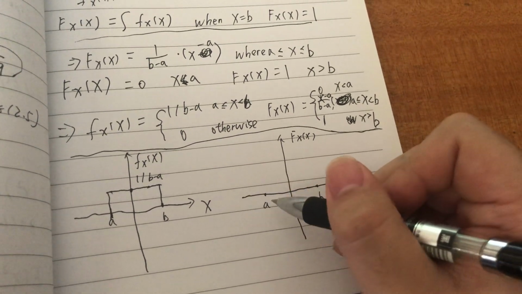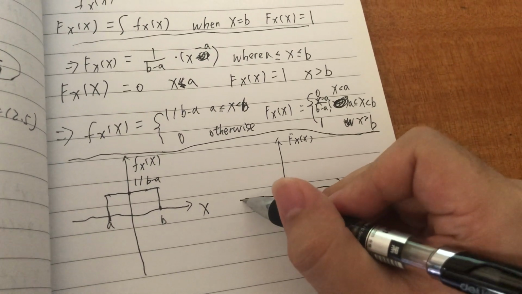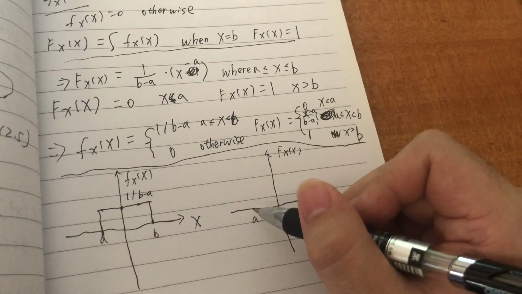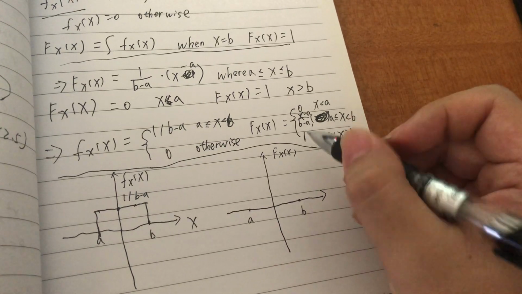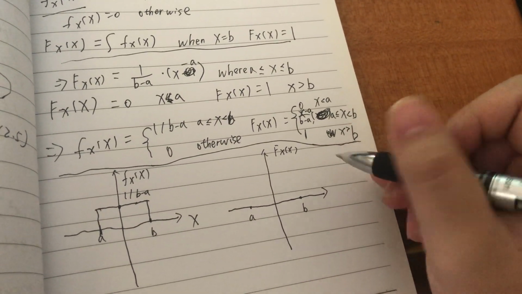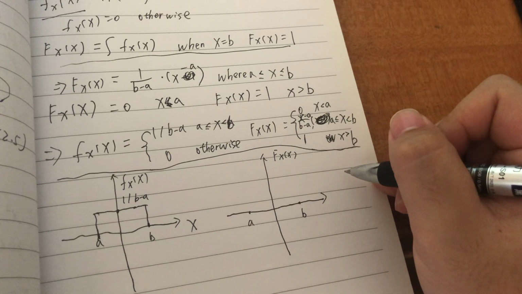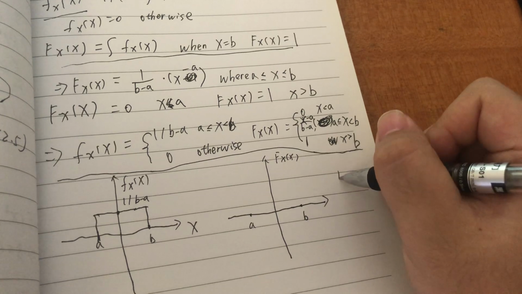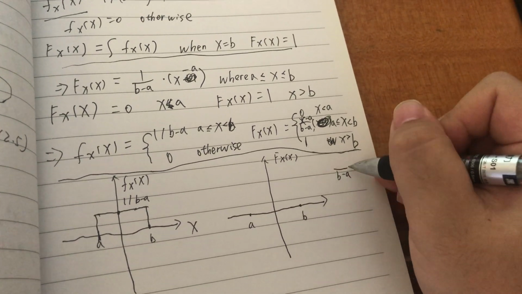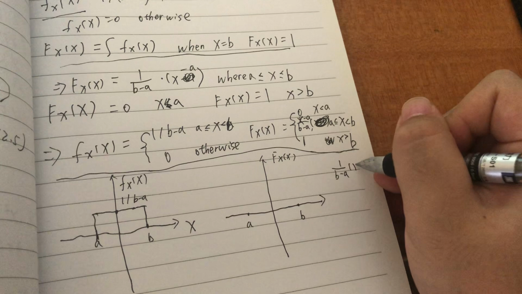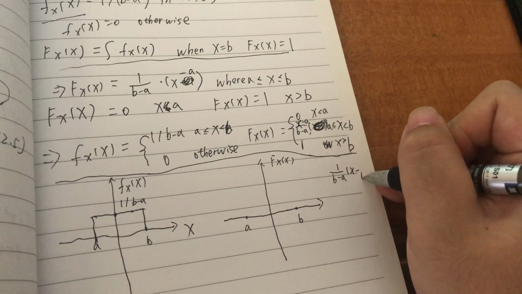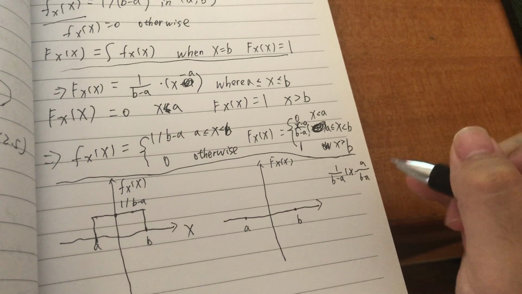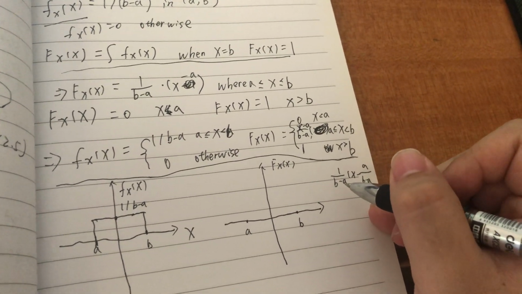When x is less than a, we have 0, and if x arrives at a, we have the function x minus a over b minus a, which we can write here.